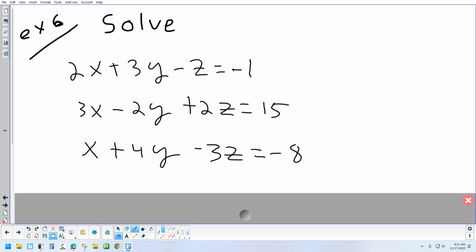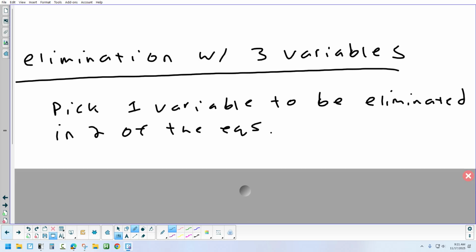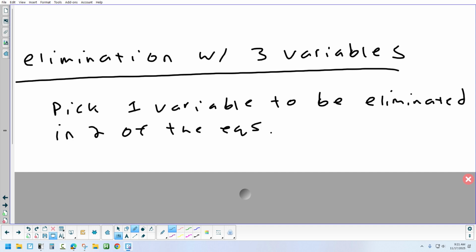You're going to pick one variable to eliminate in 2 of the equations. So we'll number these. You're going to pick 2 equations, and you're going to try to eliminate a variable. And we have to do that twice. So pick one variable to eliminate in 2 of the equations.